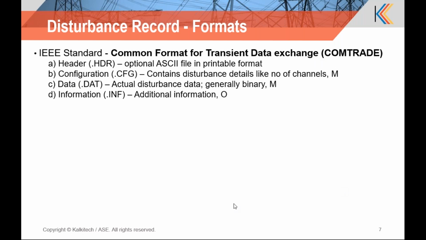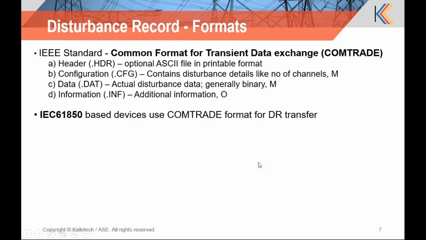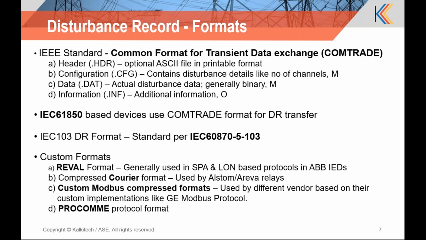Apart from the common format for transient exchange, all the 61850 devices use this COMTRADE format for disturbance record transfer, and 103 has its own format, specified in the 103 standard. There are custom formats like the Rival format from ABB, and all the SPA protocols use the ABB format.